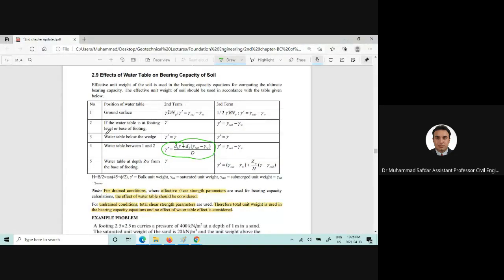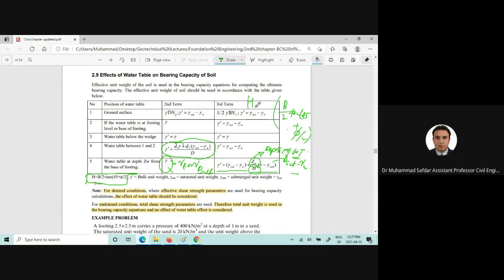Then the first term will be equal to gamma total or gamma bulk, and for the second term you can use this modified lengthier equation, and this submerged can be equal to gamma saturated minus gamma of water, and this is the depth of the water table, and this h is the height, which can be found out by this equation, which is B by 2 tangent 45 plus phi by 2.